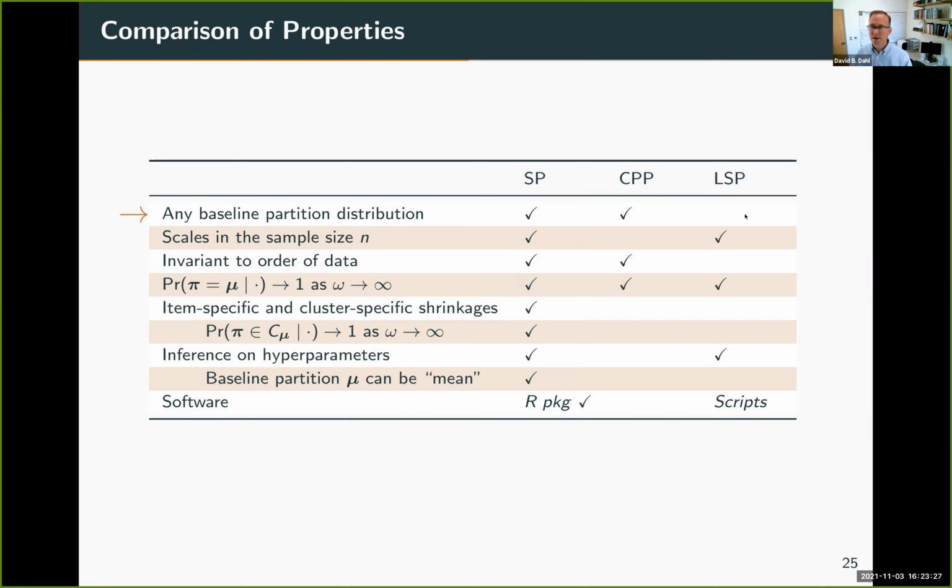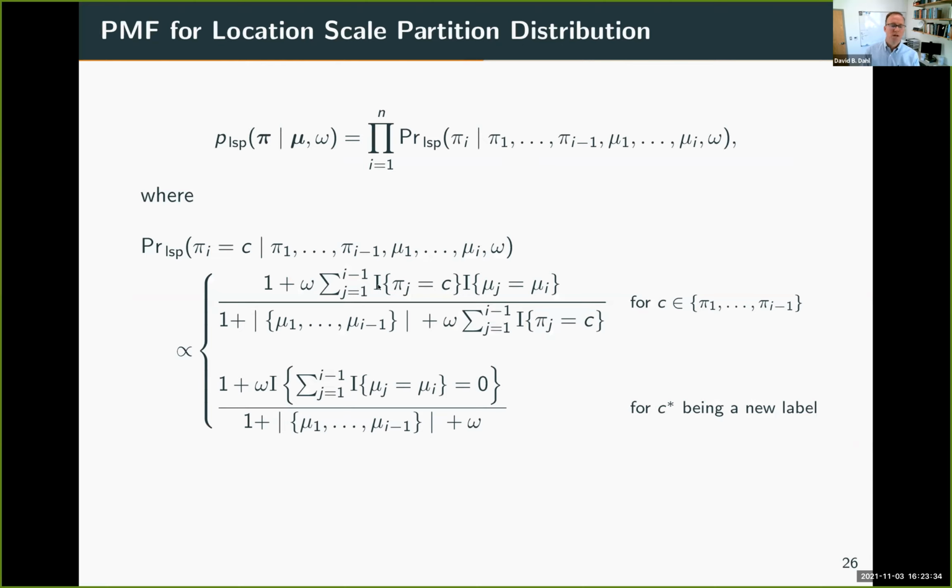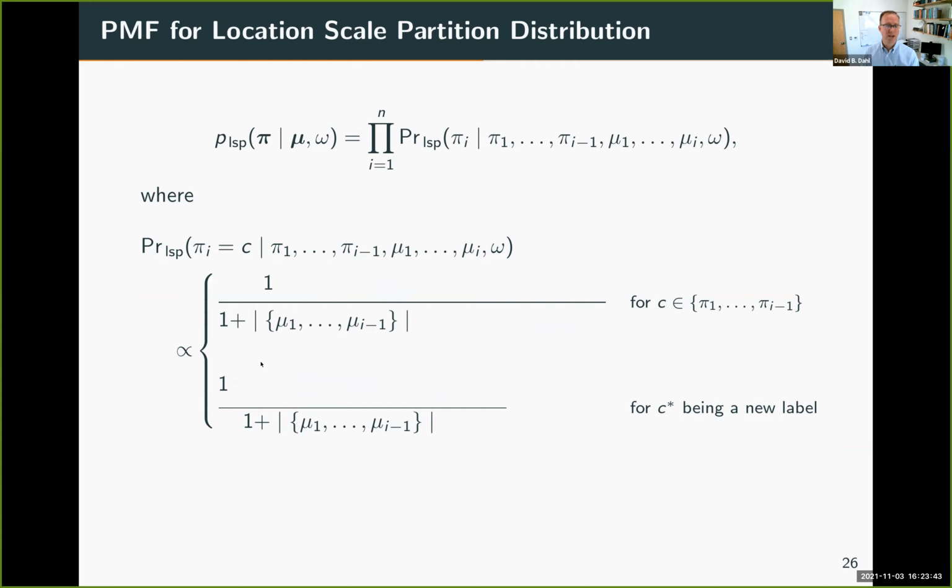Now the LSP, however, doesn't have flexibility in specifying the baseline partition distribution. So if we set omega to 0, what is the baseline partition? Well, when it's 0, this all falls out, and we end up having just this as the allocation rule. Now, as you study that, you see that the allocation to an existing cluster or to a new cluster is uniform.